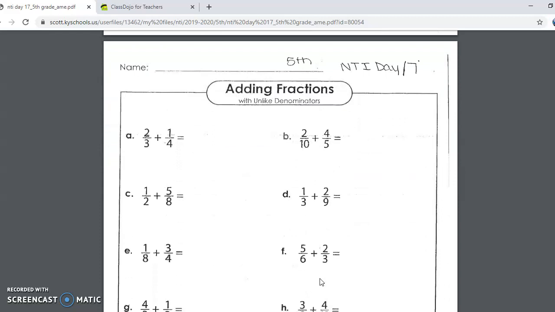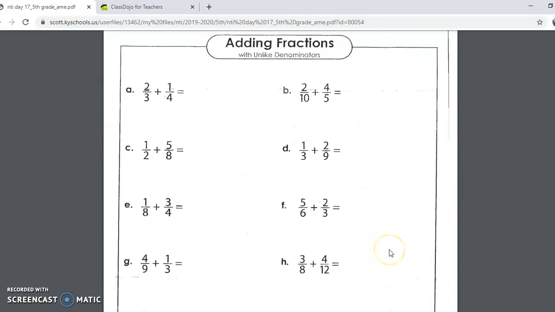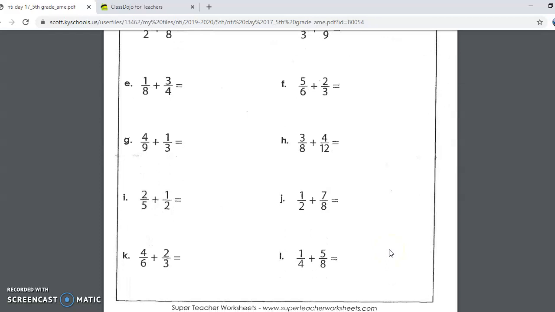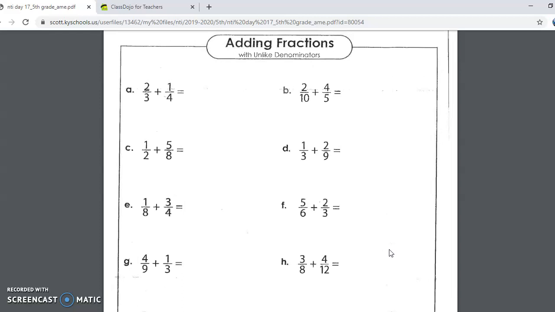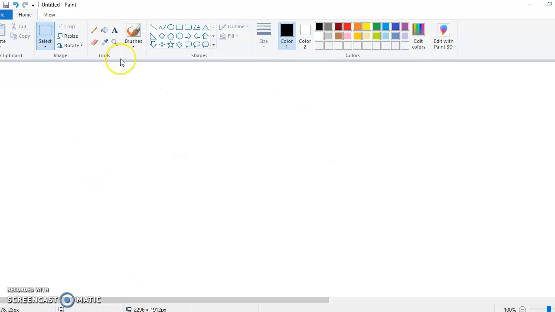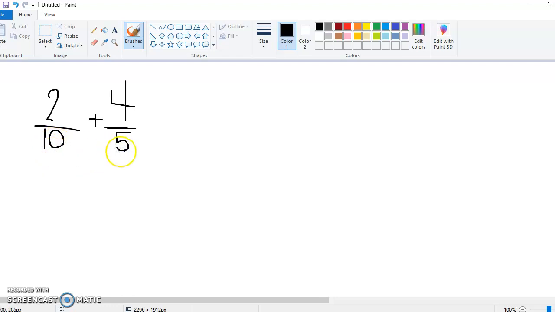Then adding fractions, you're going to go through the same process, just adding this time. So let me look here. Why don't we go ahead and do this problem B, 2/10 plus 4/5. Okay, so looking at this, my multiples of 10, I'm going to just stay at 10. But if I go 5, 10, I know I can change this one.